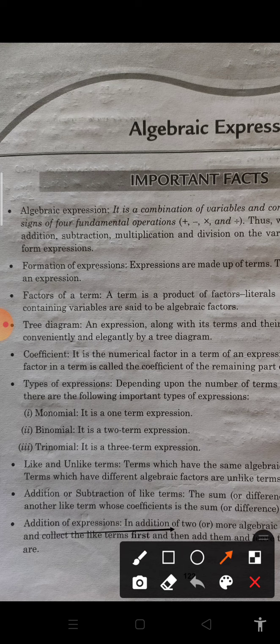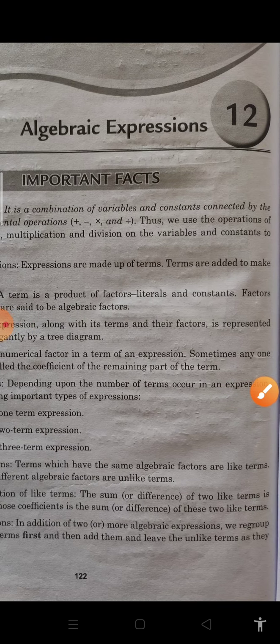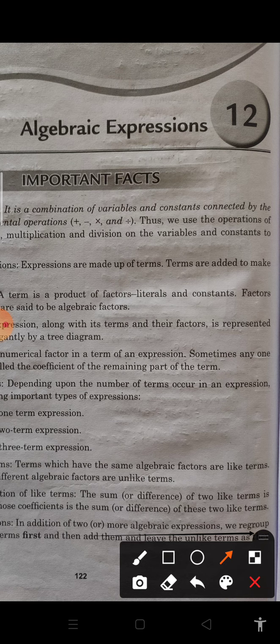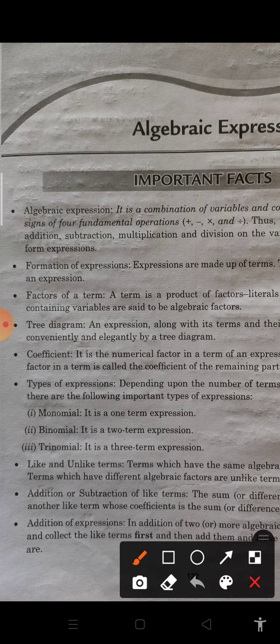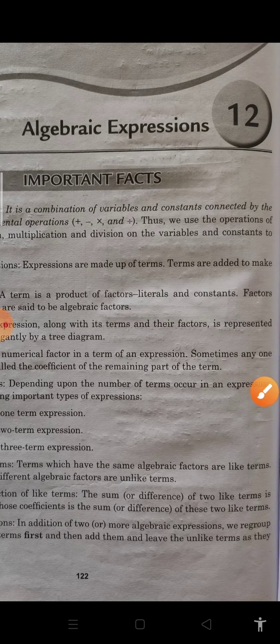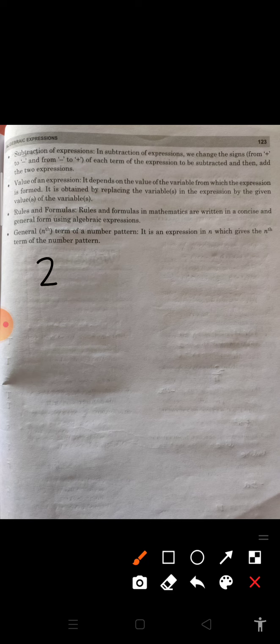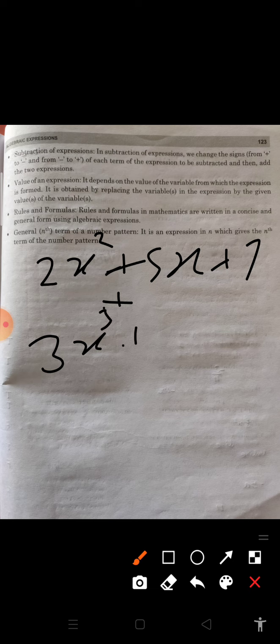Addition of expressions. In the addition of two or more algebraic expressions, we regroup and collect the like terms first and then add them. Leave the unlike terms as they are. Suppose 2x square plus 5x plus 7 and 3x cube plus 5x square plus 2x.